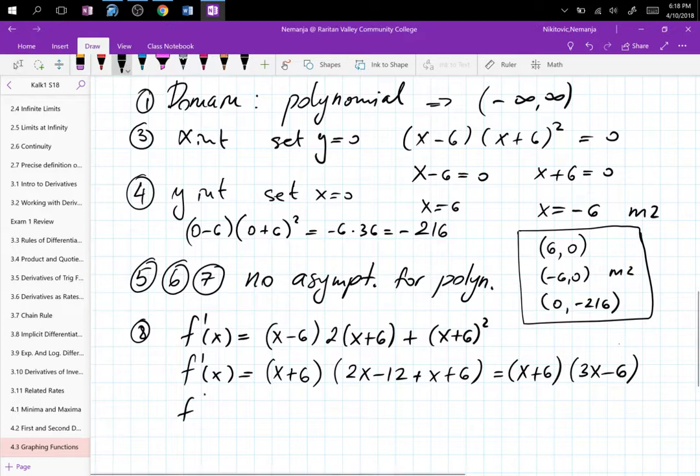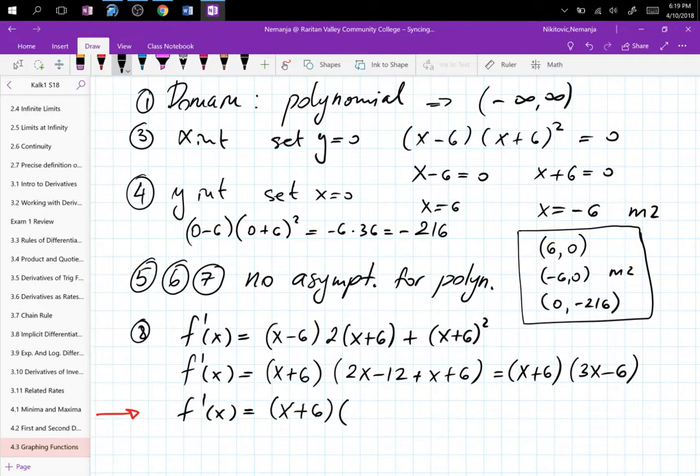So your first derivative simplified, because you want to have that handy. We'll go back to it later, twice. You have x plus 6 times x minus 2 with the 3 factored in front.